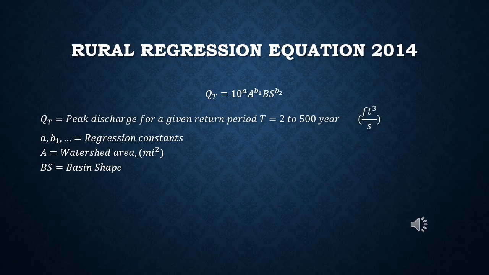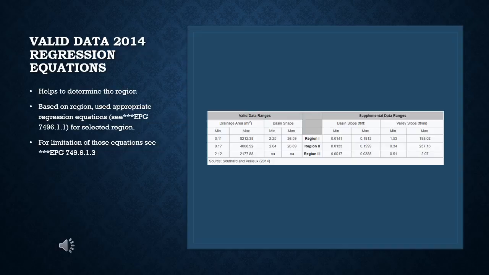And the rural regression equation 2014 is a function of watershed area and the basin shape. The value used for the basin shape is calculated by dividing the square of the longest flow path, or just stream length, by the drainage area.